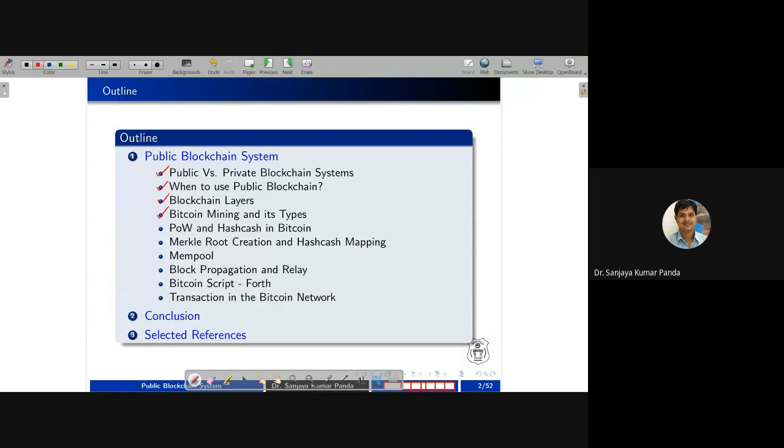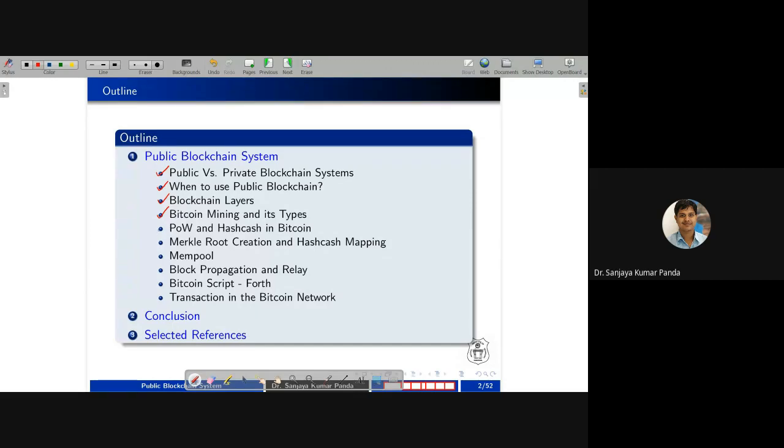Sometimes we say Bitcoin mining is of two types: software mining and hardware mining. Hardware means CPU is hardware, GPU is hardware, FPGA is also hardware, ASIC is hardware. But when we talk about software mining, we talk about cloud mining or pool mining. So on that basis, Bitcoin mining is divided into two different types.